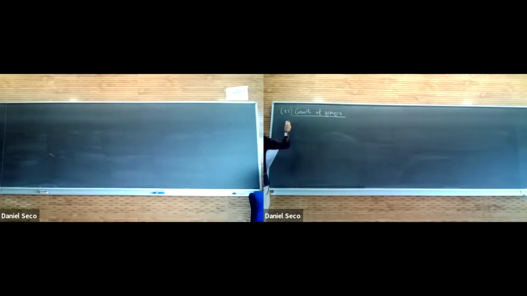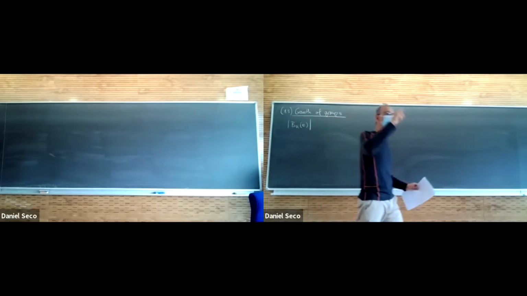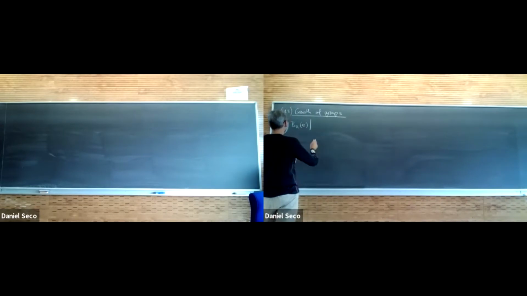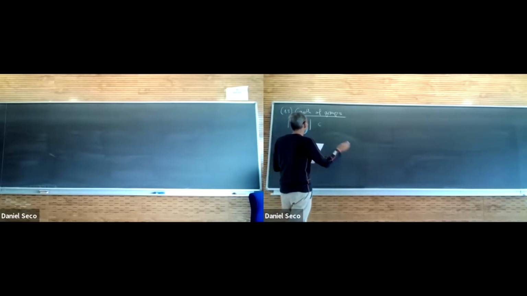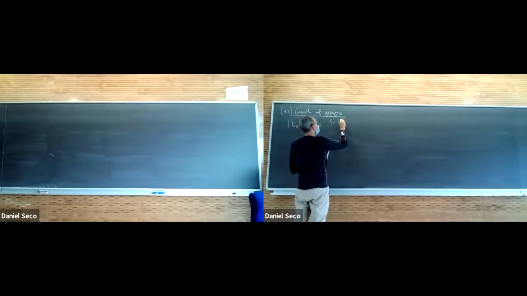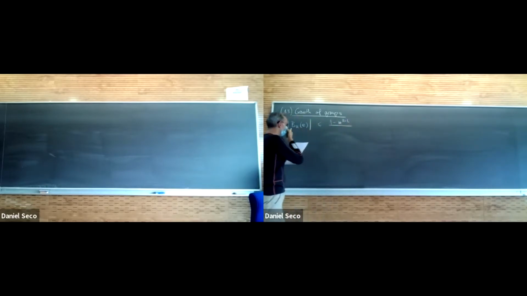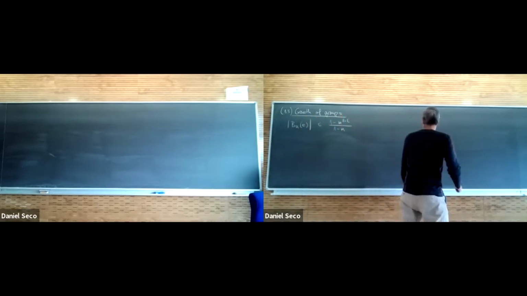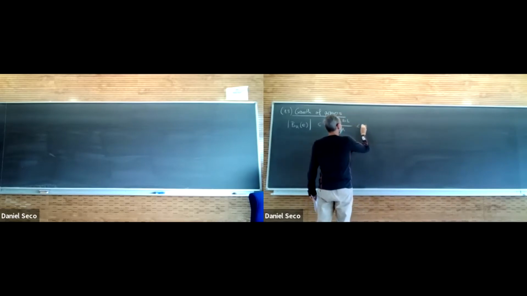We were counting elements in the ball around the neutral element, and this is where we stopped, and we were able to at least agree on an upper bound of this number, which is 1 over 1 minus n, or r plus 1 over 1 minus n. So we sum the geometric progression essentially, and that's all.